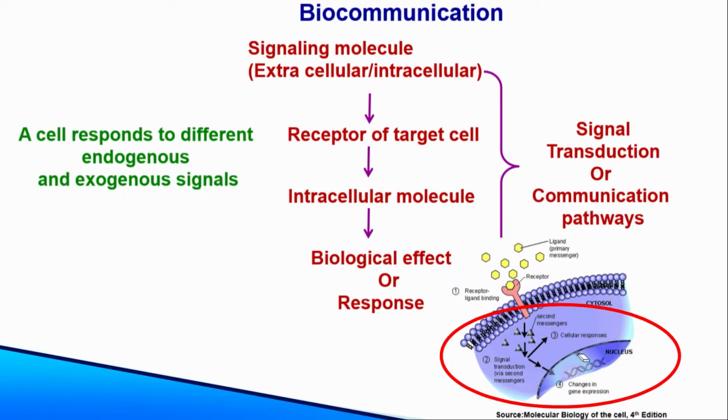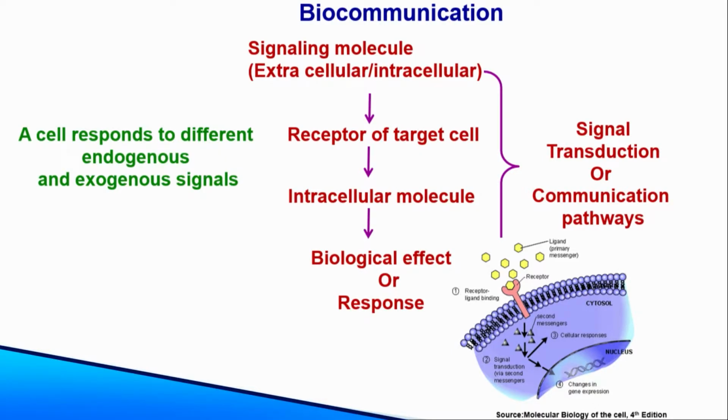Whereas exogenous signals are the environmental signals, and these are very important for the cell to understand what is happening in the environment. These signals trigger the biological response by interacting with the receptors present on the cell, or they have to enter the cell and interact with the nucleus to trigger a response.